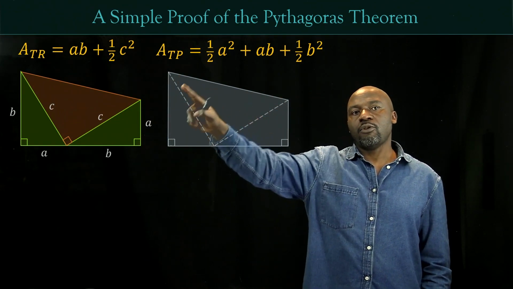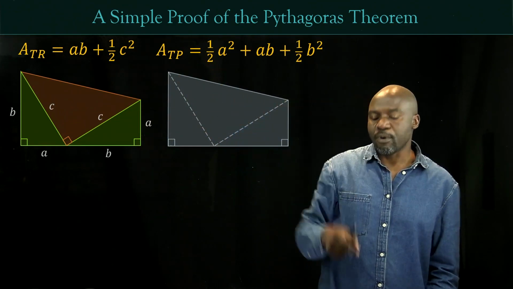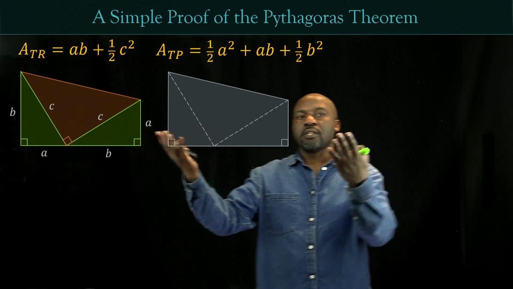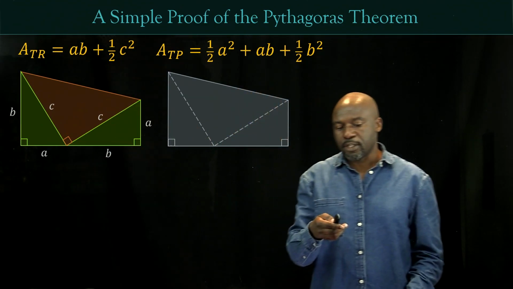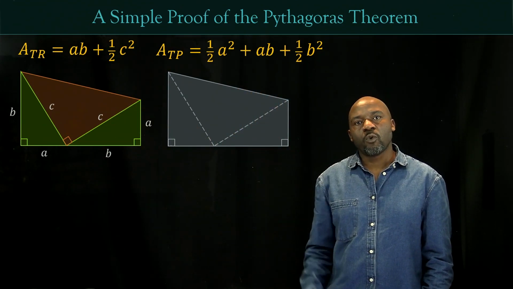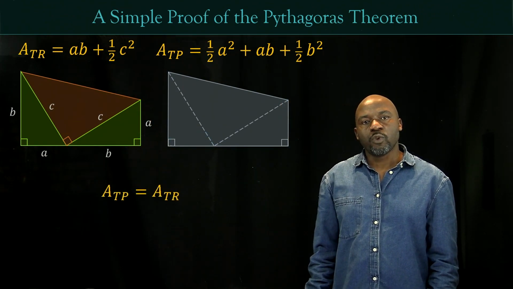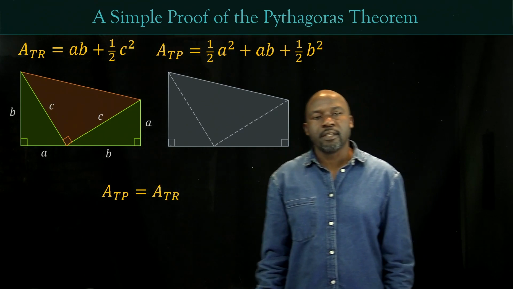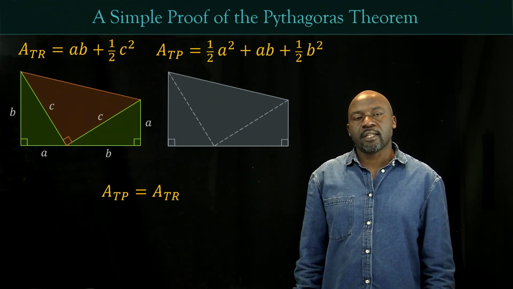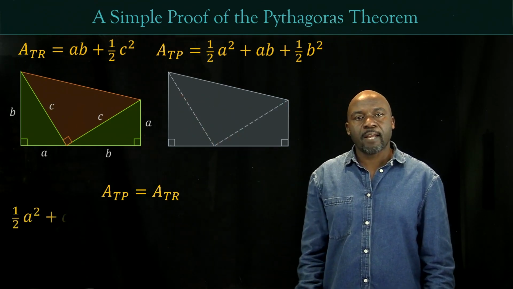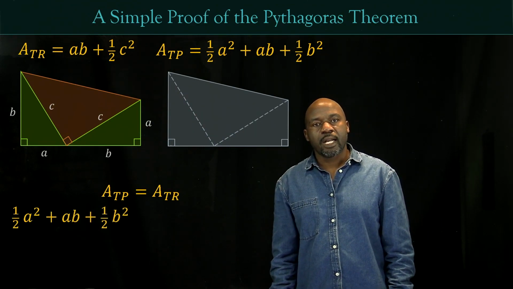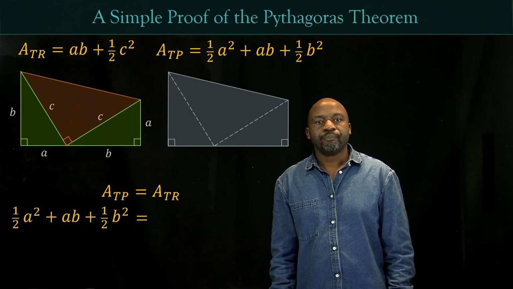Now, of course, it's the same shape, so these two areas must be the same. And so I'm going to equate the two areas, because those two expressions must be the same.